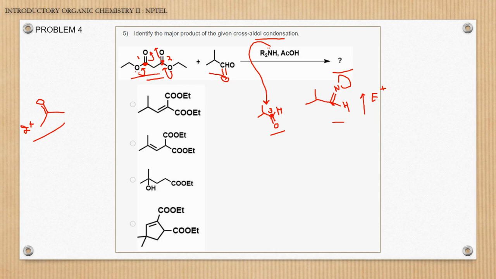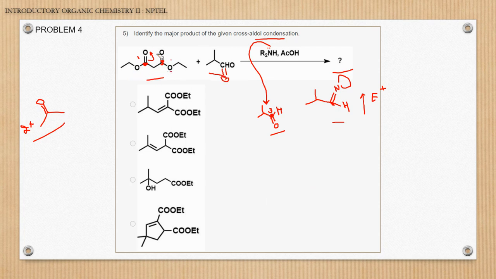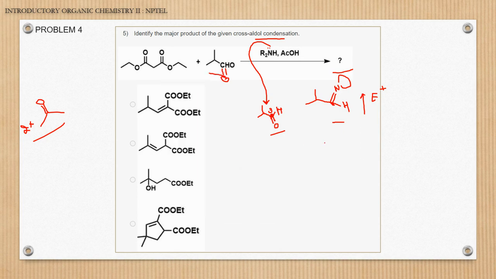So now tell me, in the first compound, that is this diester, which is the nucleophilic site, or simply which is the acidic hydrogen? The methylene group.